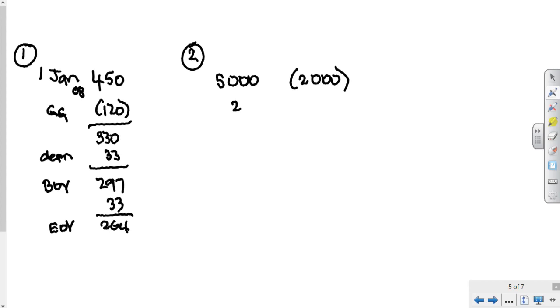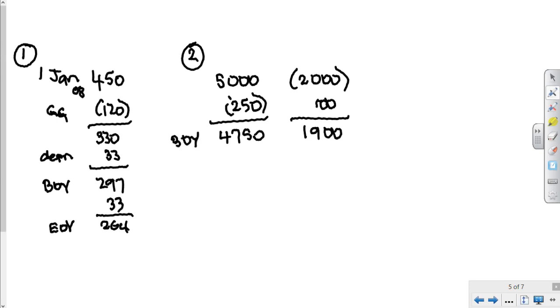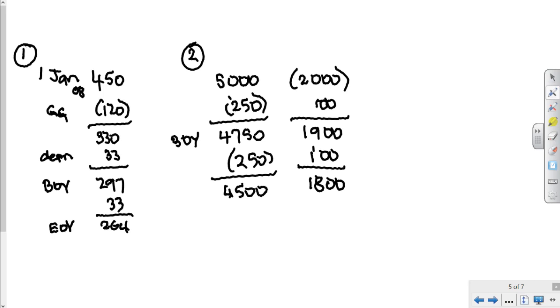So for year 1, 250 of depreciation and 100 to be recognized of deferred government grant, leaving us on 1900 and 4750 at beginning of year. And then again for the current year, another 250 and 100 on that side, leaving us with 1800 and 4.5 million assets. So that's number 2.